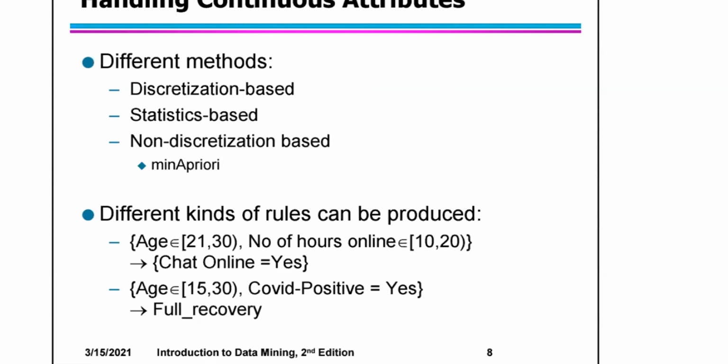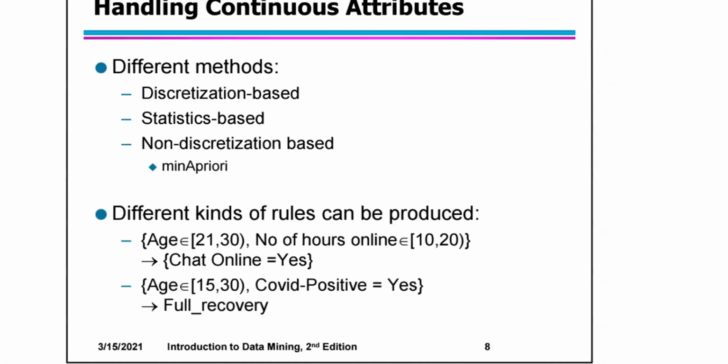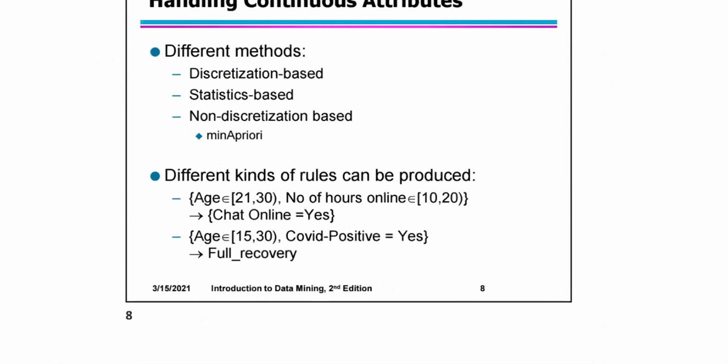Age is 21 to 30, 51 to 30, COVID positive yes, or full recovery. So you represent different types of rules that you want to produce when handling continuous attributes.